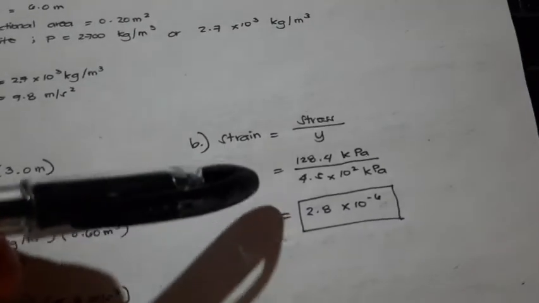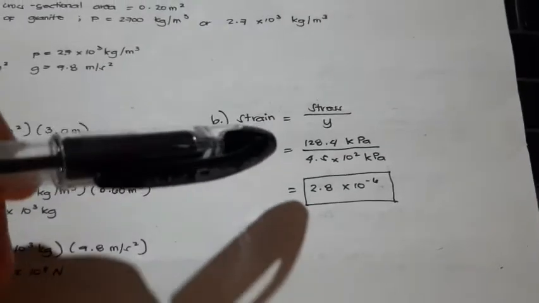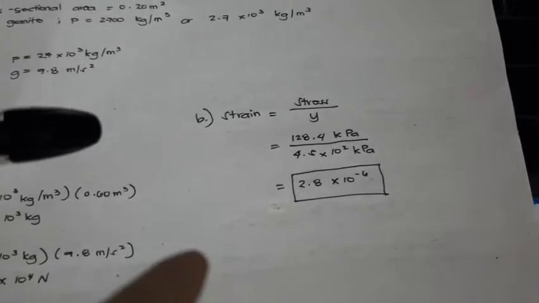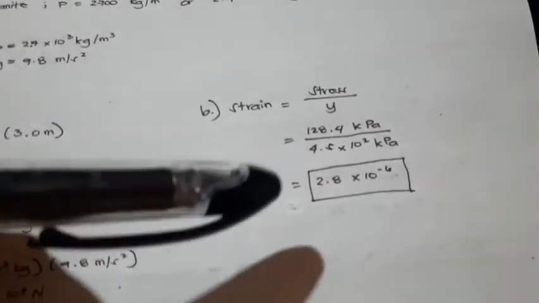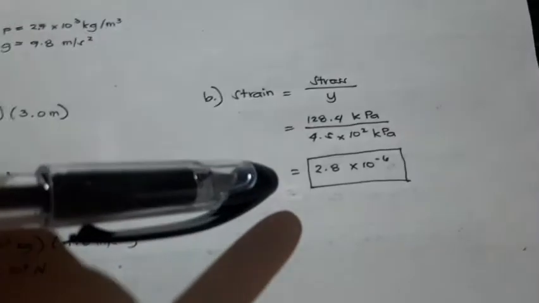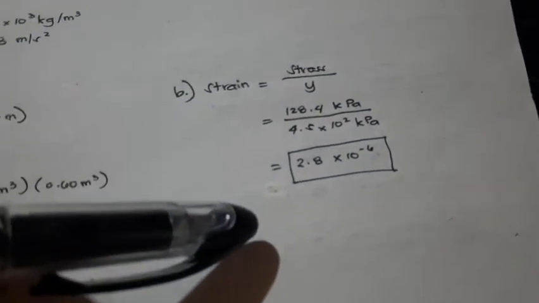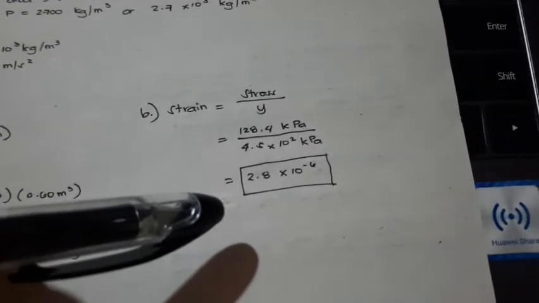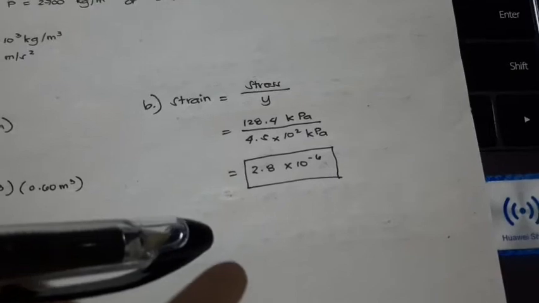So ang stress nato is 128. So ato na siya i-distribute, then ang atong Y is equals to 4.5 times 10 squared K pascal. So i-simplify lang dayon. So i-divide, so we can now get the strain, which is equals to 2.8 times 10 raised to the negative 6th power.